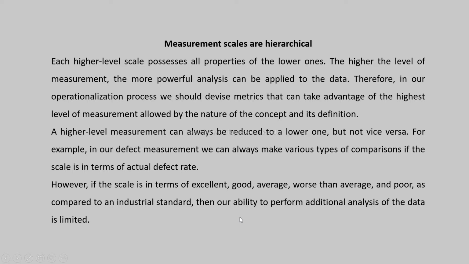Obviously, as we have seen in the ordinal and nominal scales, we don't have the exact number. We are scaling them as excellent, good, average. So whatever analysis we want to do is limited, isn't it? Anyhow, we are going to measure the quality of the software.